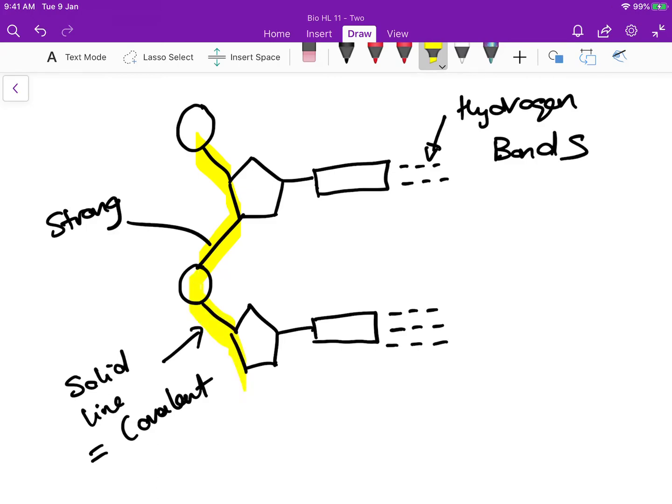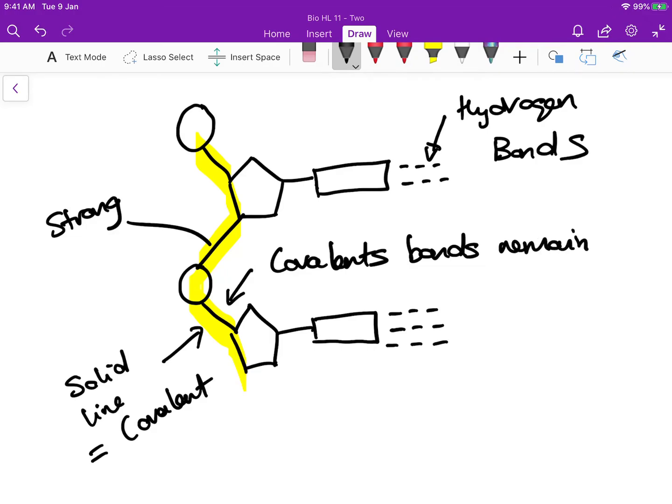This means that as we keep linking, the whole backbone is very strong. So if we heat up DNA, we won't be breaking these. Even if we heat it, the covalent bonds remain.